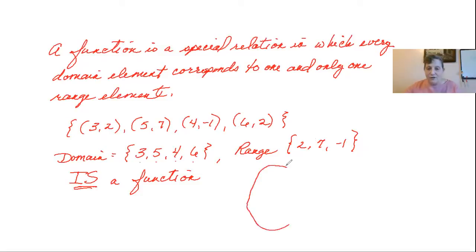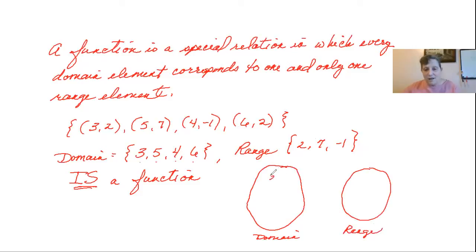One way they might show this is called a mapping. If I take the domain and my range, and in my domain, I list all of the domain elements, and in my range, I list all of the range elements, and I notice that none of these are duplicated, but it's okay to have the same elements in the domain and the range.